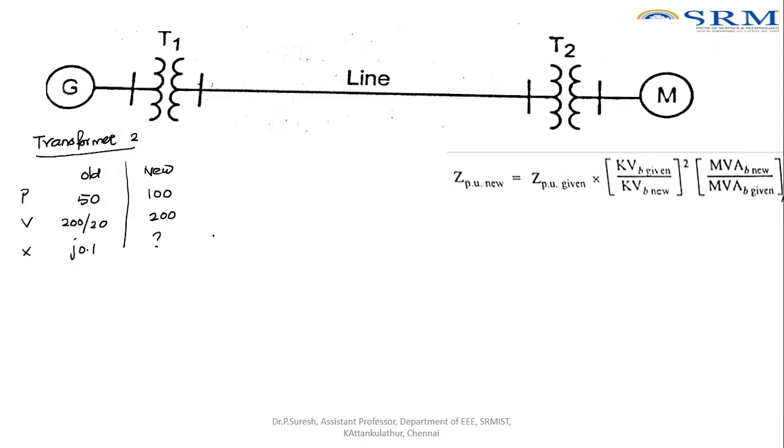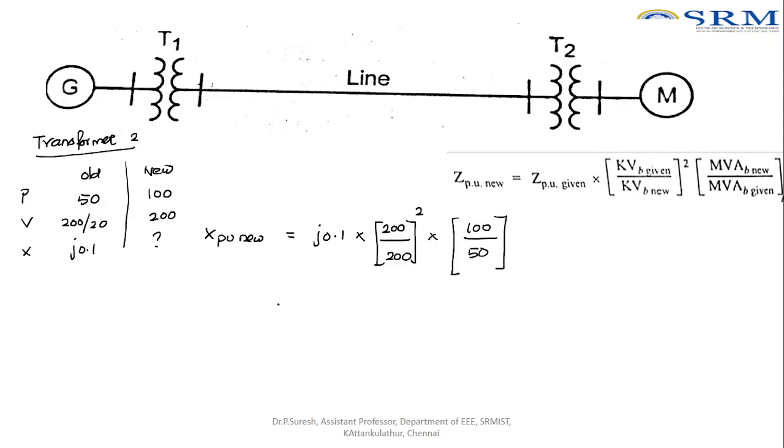And what is this value? The new value of reactance. So X per unit new is equal to, as per the formula, X per unit old, which is 0.1, multiplied by kVb old, which is given as 200, divided by the new value of voltage, 200, squared, multiplied by the power: power new is 100 and power old is 50.